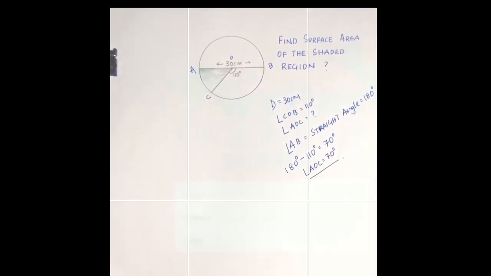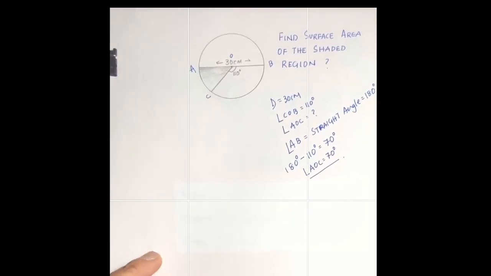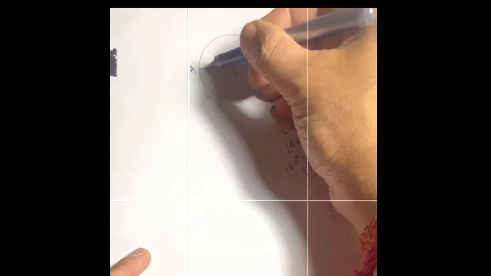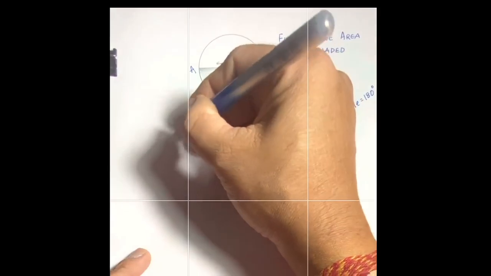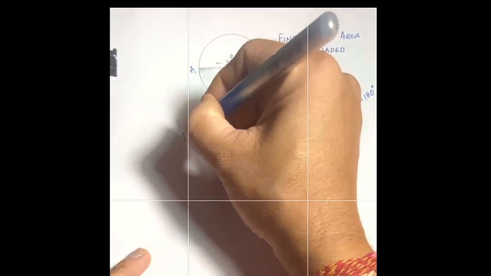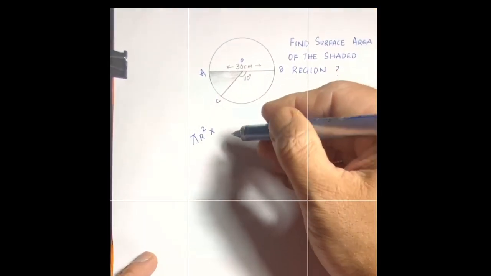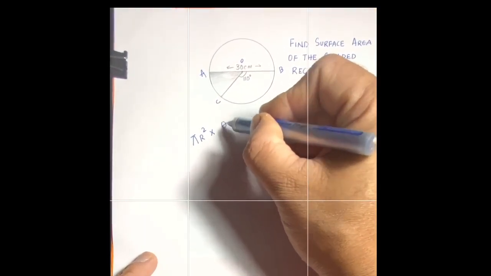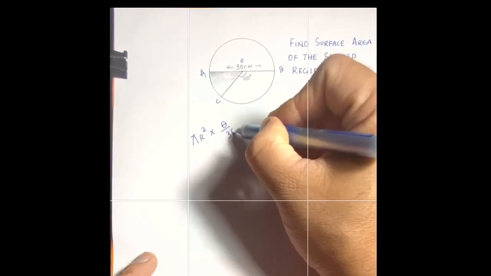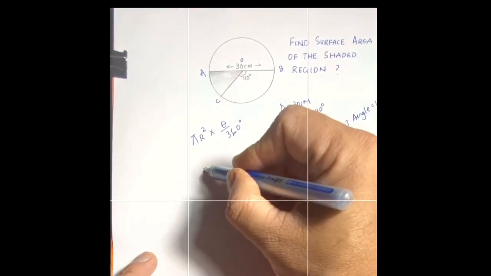Now how to find out the surface area? What is the formula for finding out the area of the sector, the shaded region? We know the formula is pi r square into angle theta by 360.